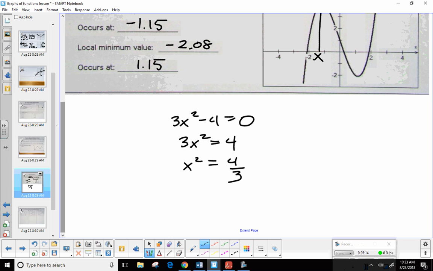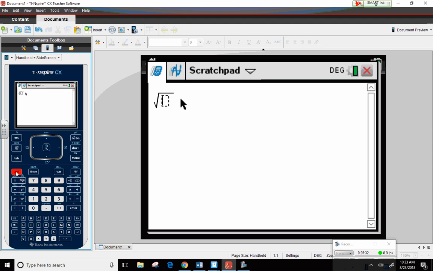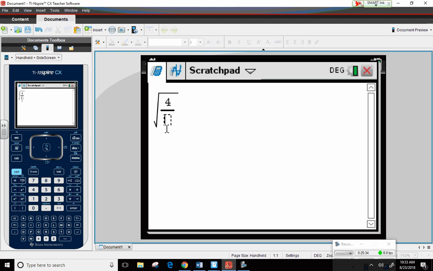How do I get rid of the square? Square root. And remember what happens when you take a square root. We were talking about that yesterday. The plus and minus. Let me show you this. So I'm going to come back over here. I'm going to take the square root of 4 over 3.